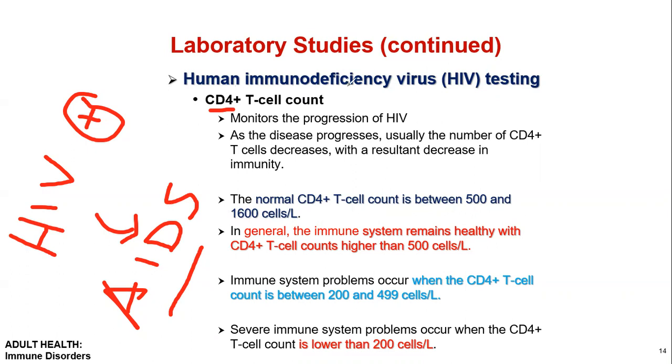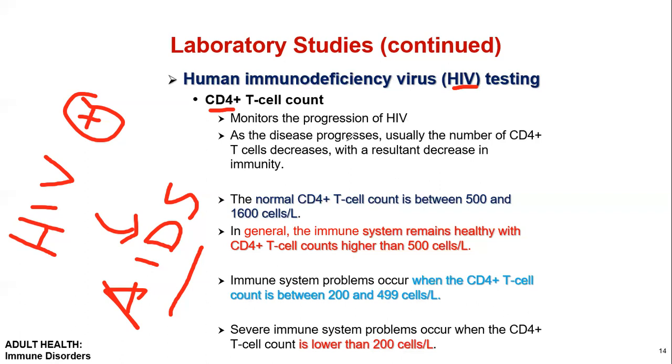So human immunodeficiency virus, HIV testing. So CD4 is a type of T cell. CD4 T cell count, monitor for prognosis of HIV as well. Not only diagnosis.